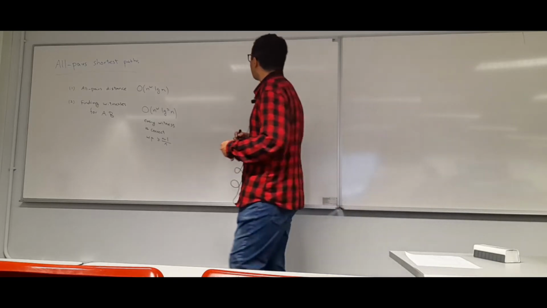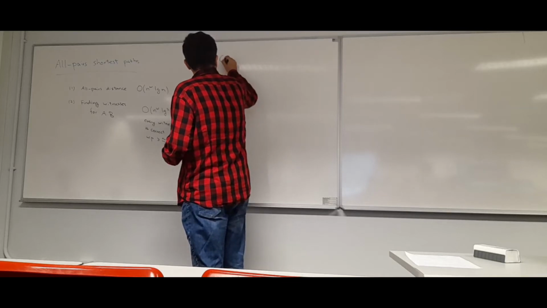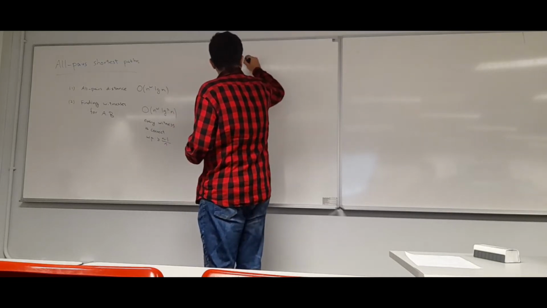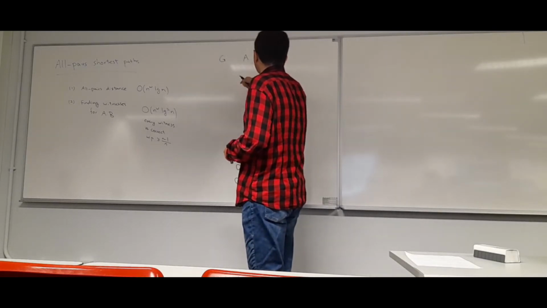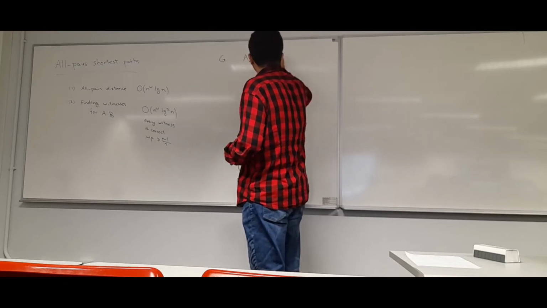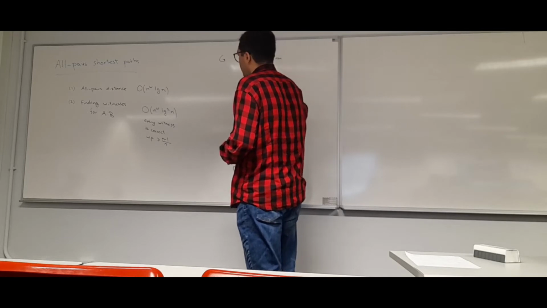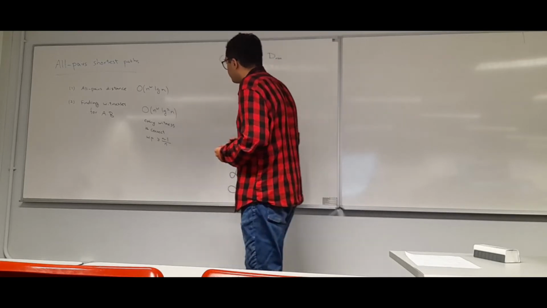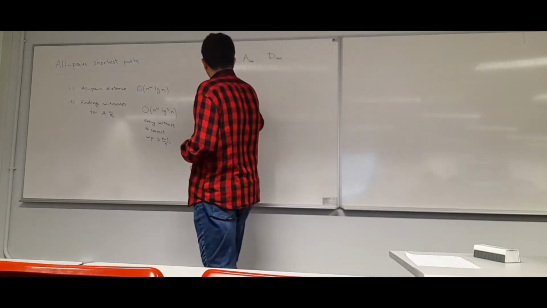Now, let's just repeat the notation from last time. We had a graph G, and this was given to us by an adjacency matrix A, which was n by n. And then from that, we computed a distance matrix D, which is also n by n. And this is this part. But now let's talk about the queries.